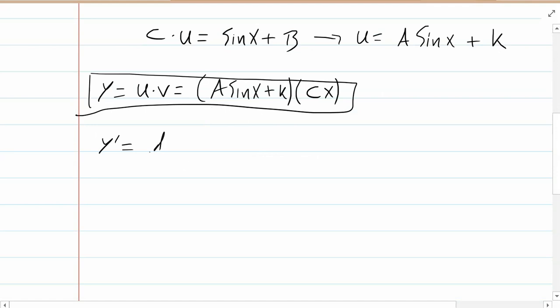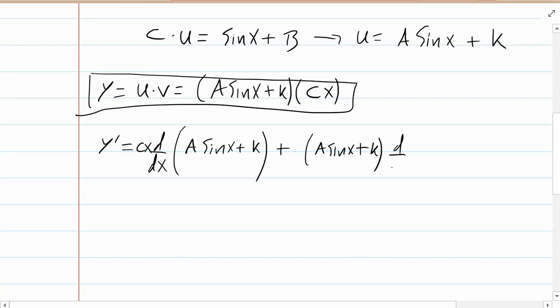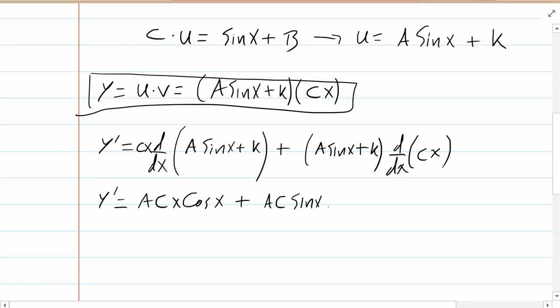I'm going to expand d over dx of a sine x plus k that multiplies cx plus a sine x plus k multiplies d over dx of cx, which simplifies to acx cosine x plus ac sine x plus some constant ck.